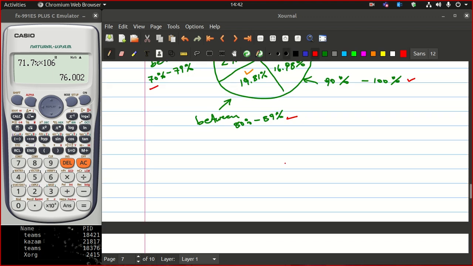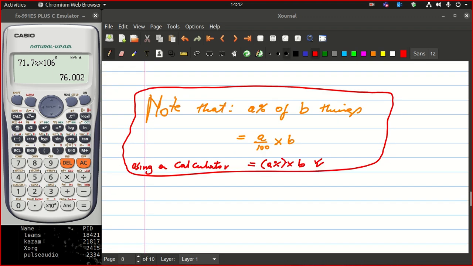Guys, what I want you to note is simple. Whenever we are having A% of P things, you must know that this needs to be divided by 100% to remove the percentage, and multiplied by the total number of things that are available. Using a calculator like this one, all you need to do is punch this in as it is.